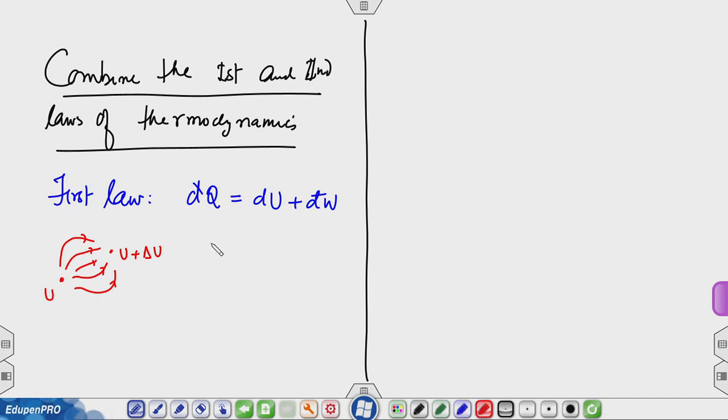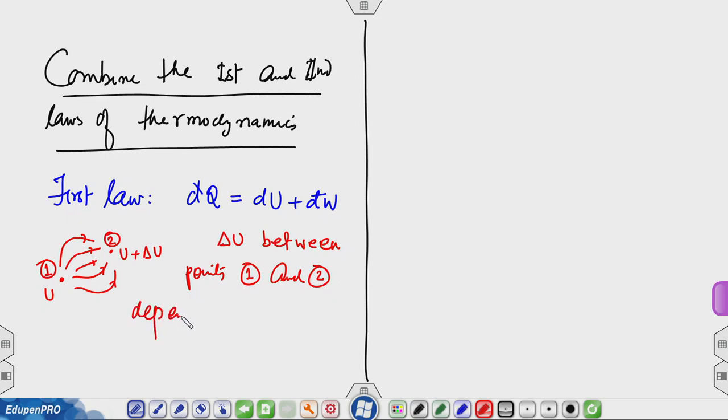So let's write this, that between point 1 and 2, the delta u between points 1 and 2 depends only on these endpoints.